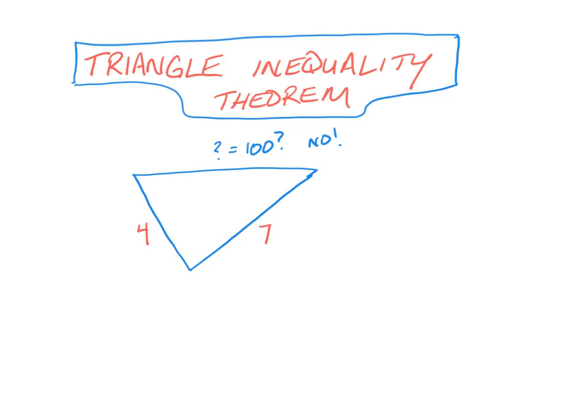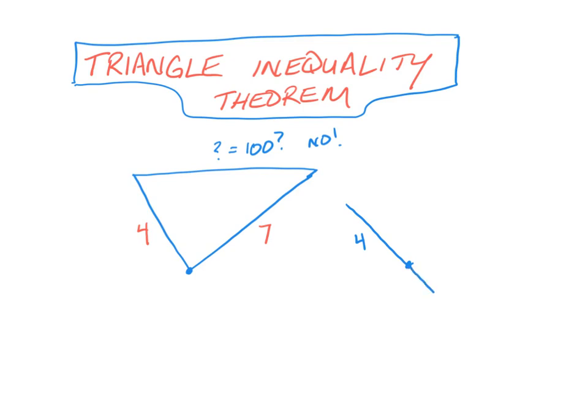Well, let's imagine that we have a little hinge right here, so that can open and close. So I have a 4, then I have a hinge, and then this 7, and it's going to open up. Eventually we can swing it to where it's perfectly straight to make a 180-degree angle.